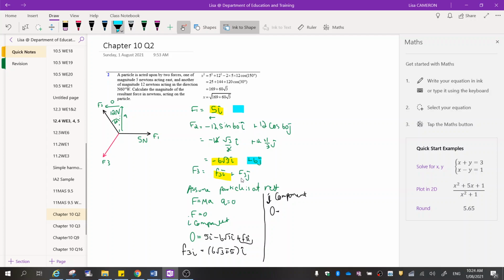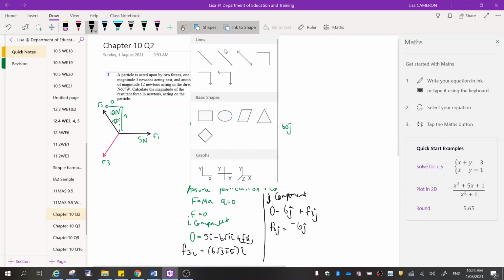We've got one there and we've got one here. So that means 0 is going to be equal to 6j plus F3j. So F3j is equal to negative 6j. Ideally I'd like to keep going down the page so that it's neat, but I don't have that option here.